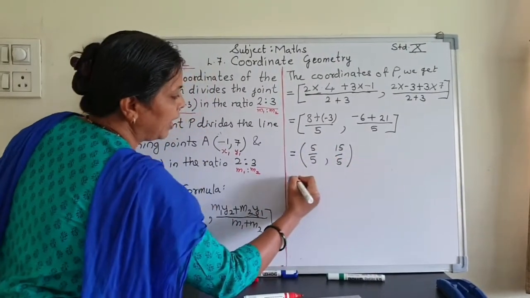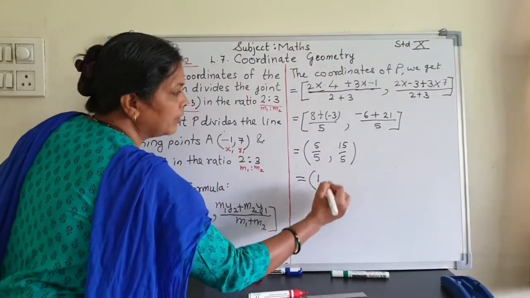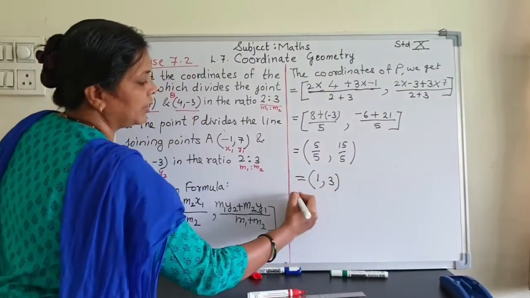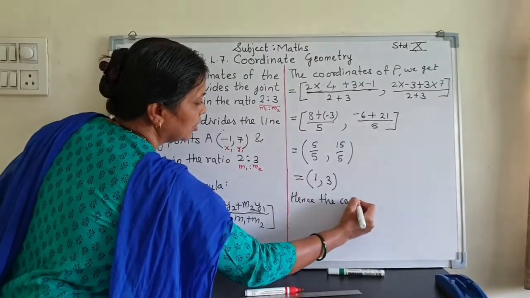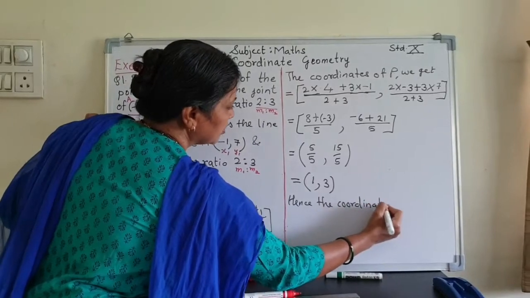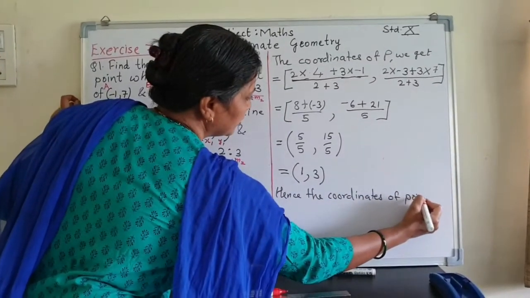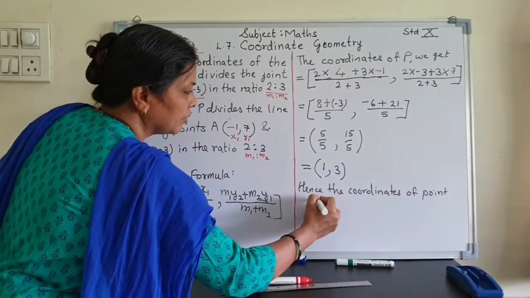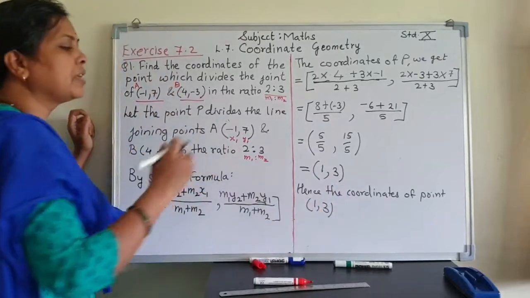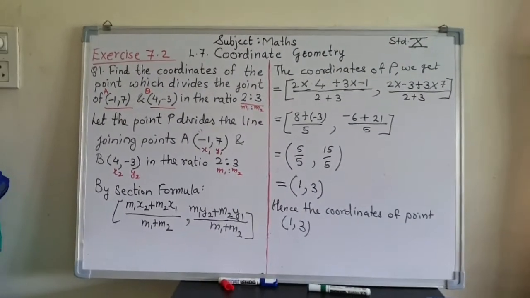And finally the coordinates of P are: x coordinate is 1 and y coordinate is 3. Hence, the coordinates of the point are (1, 3). Note this down. So we will move to the next question.